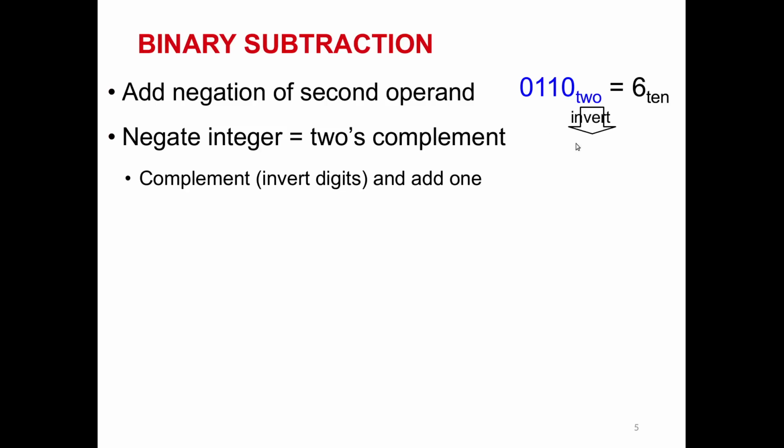You complement or invert it, and you will have 1 0 0 1, and then you add 1. 1 plus 1 is 0 and you remember 1, so 0 plus that remembered 1 will be 1, and then these two bits will be 1 0 in the same way we did before. So the result here is 1 0 1 0.